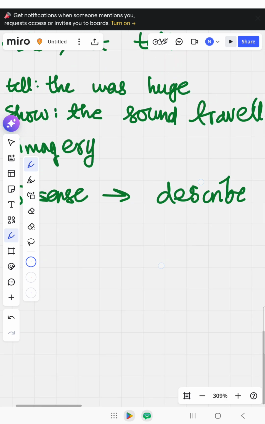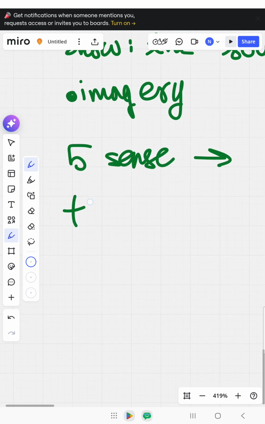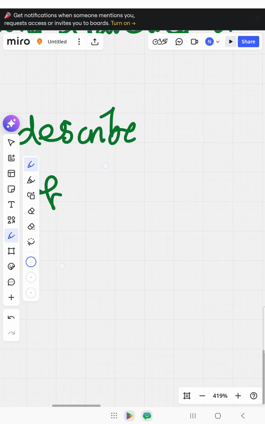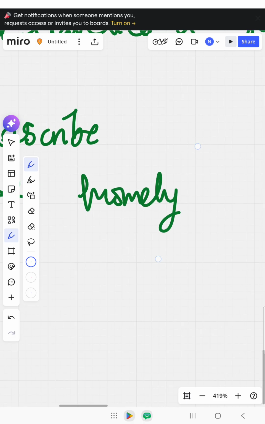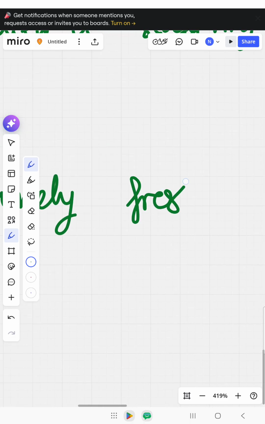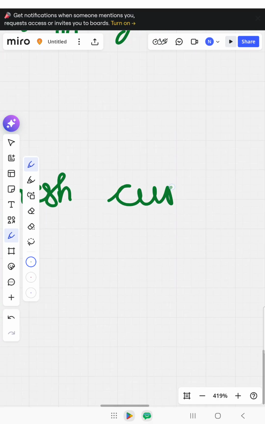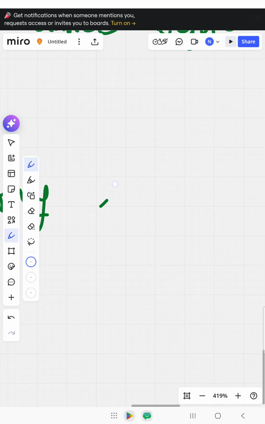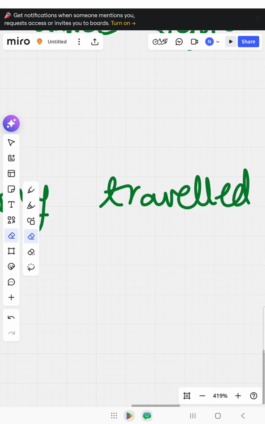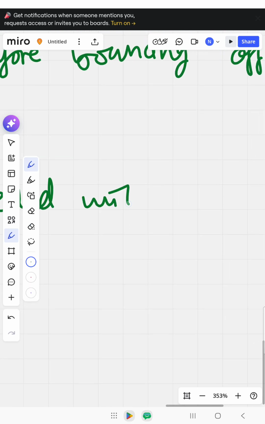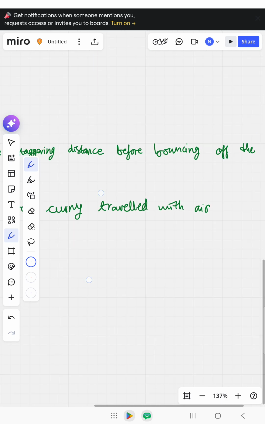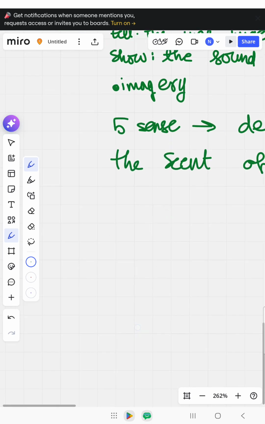So we can say like, the scent of homely, fresh curry traveled with the air. So this is just using our 5 senses. This is quite easy, but it's also very important.